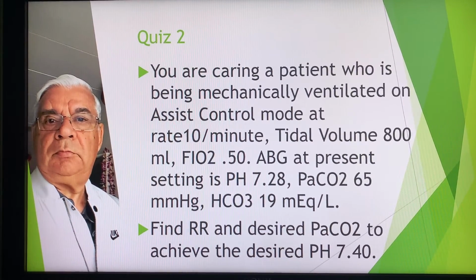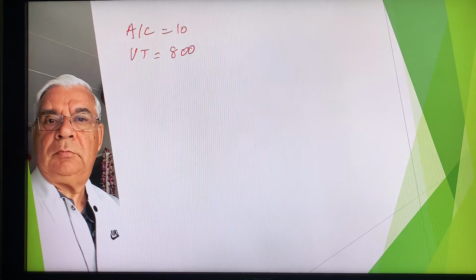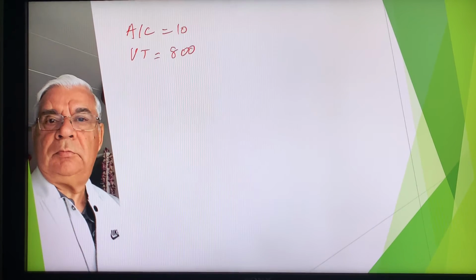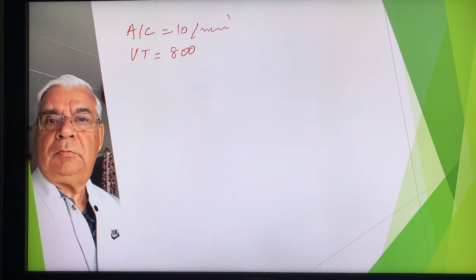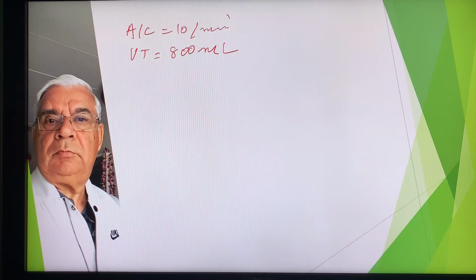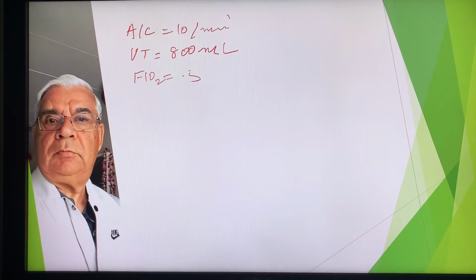How do we calculate? There will be 2 steps. In step 1, let's find out what is given first. We have AC, assist control, 10 rate per minute, tidal volume 800 ml, and then we have FiO2 0.50.